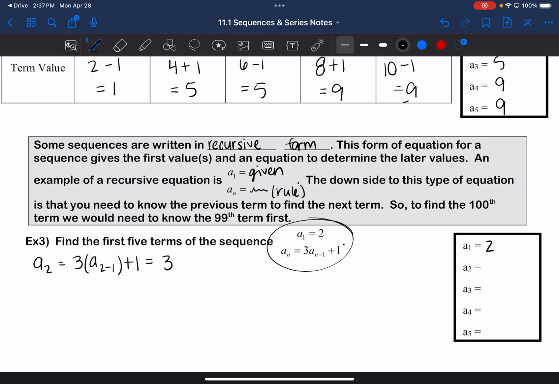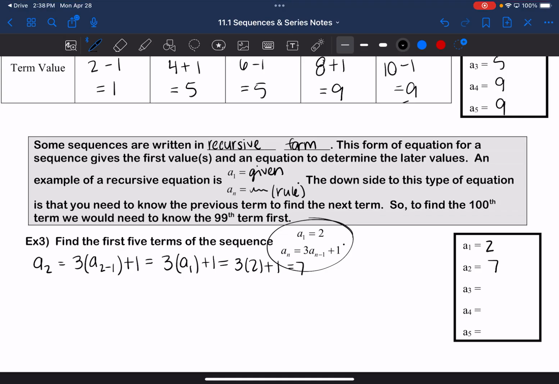So this would really be 3 times, what is 2 minus 1? 1. So I'm really just looking at 3 times the first term plus 1. Well, they told us our first term was what? 2. So this would really just be 3 times 2 plus 1, which is going to give us, so our second term must be 7.